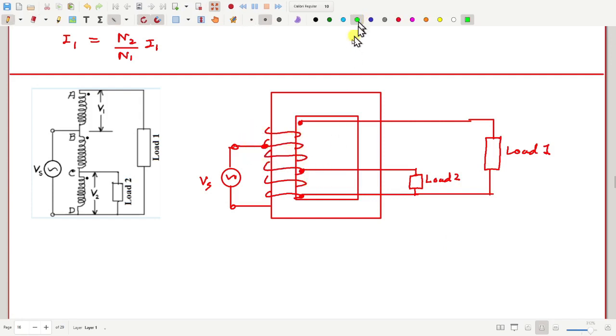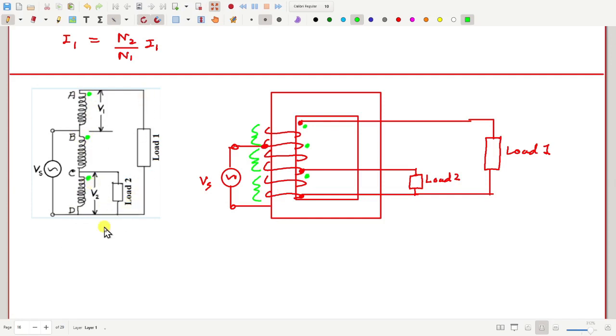It's easy to see that the dots for all the parts of this coil should be on the same side. If I consider the upper side to have the dot, then the dot should be on the upper side for all the parts of this coil. So we have three segments of a coil. Here is the schematic, the dots are all on the upper side, and we have two loads connected.